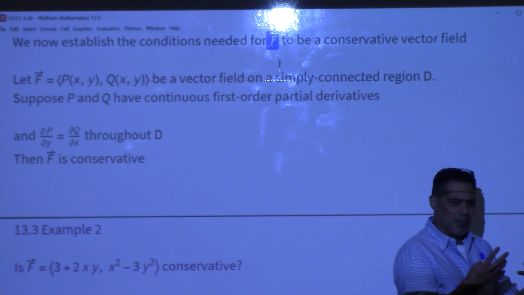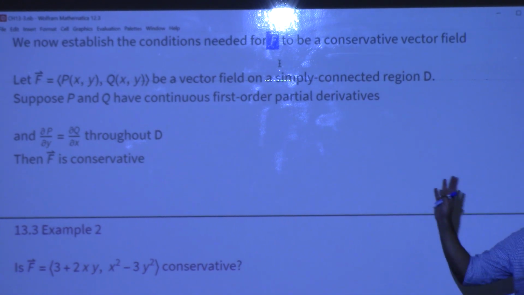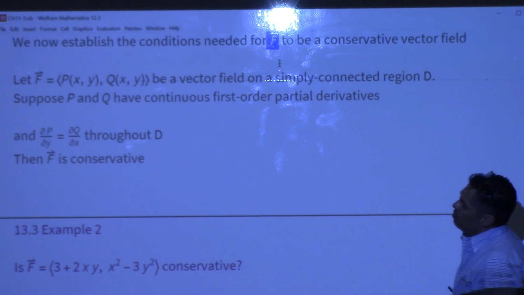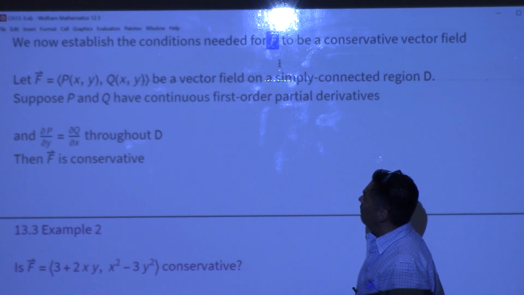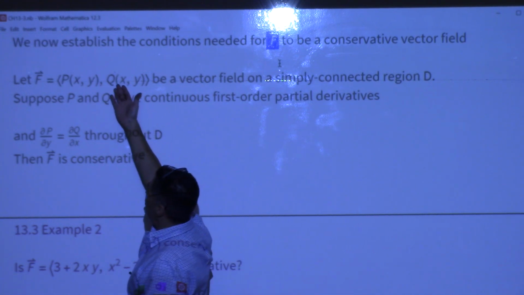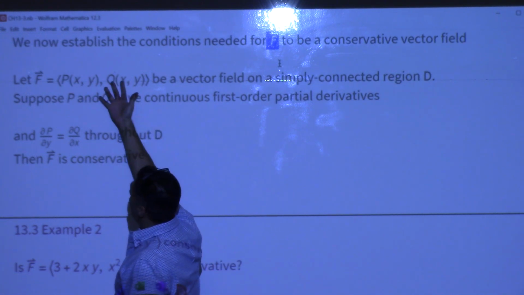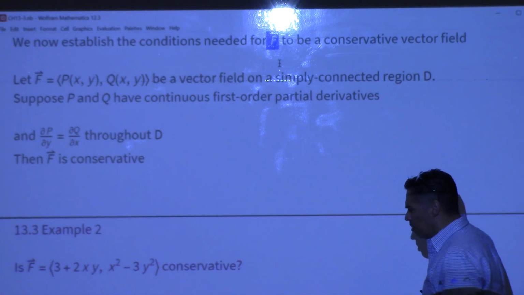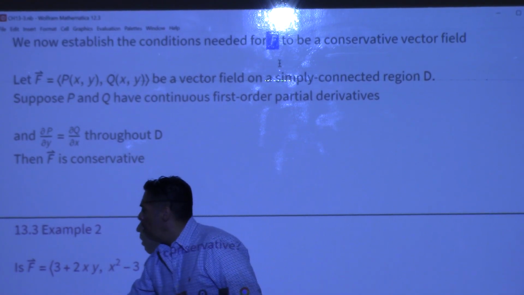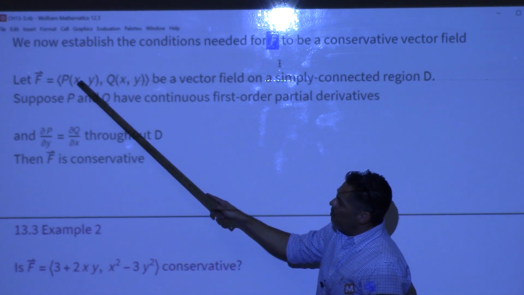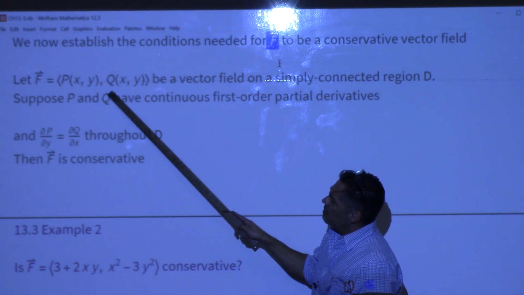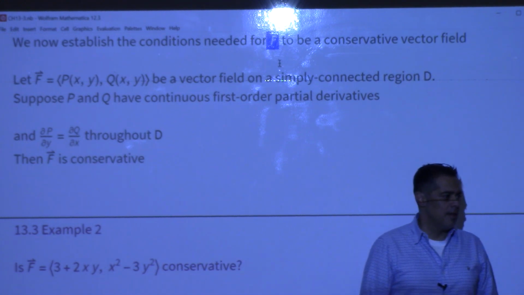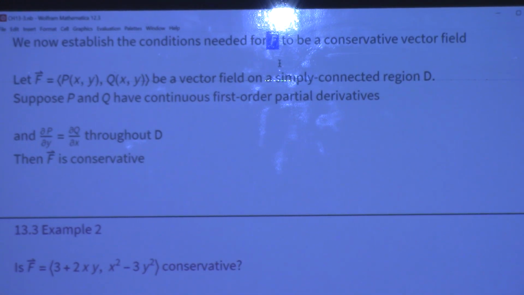As long as your region isn't crazy, this is going to work. Suppose P and Q have continuous first-order partial derivatives, which just means we can take the partial derivatives of these. Then here's the check to see if something is conservative: take the partial derivative of P with respect to y and the partial derivative of Q with respect to x and see if they're the same. If they are, then it's conservative.